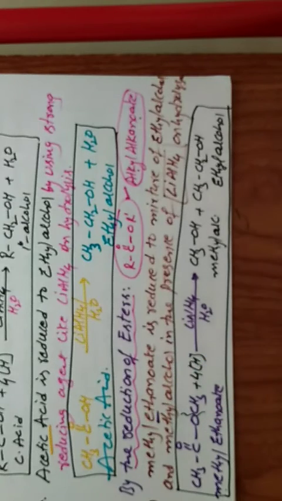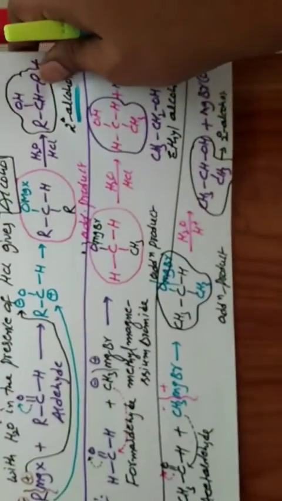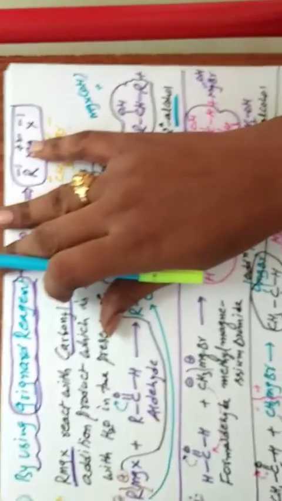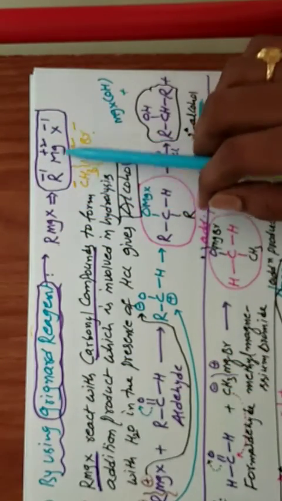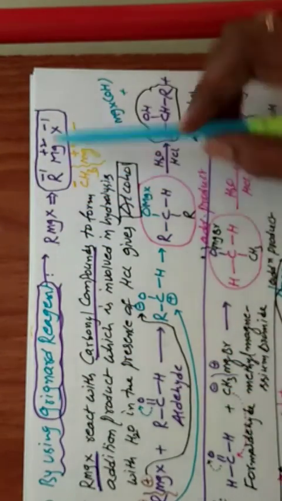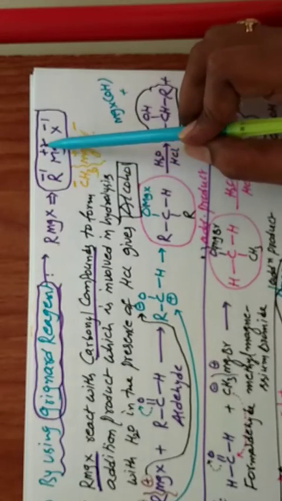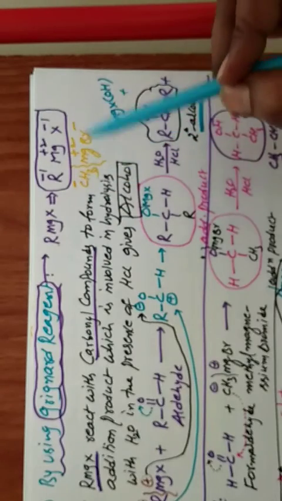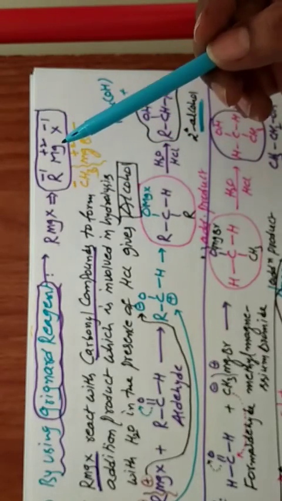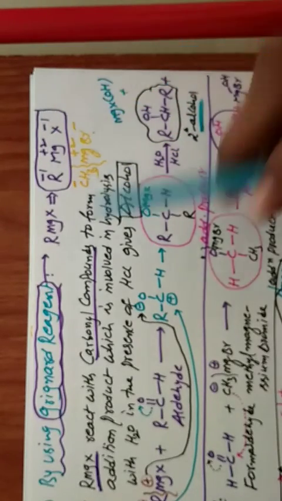So next, we will go to using Grignard reagent. In the case of Grignard reagent, RMgX, two parts are there, negative part and positive part. Here R minus, Mg plus 2, X minus. So X minus, like Cl minus, is stable because 8 electrons are present in octet configuration.